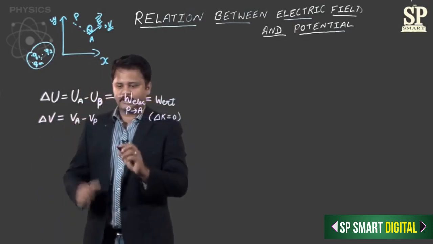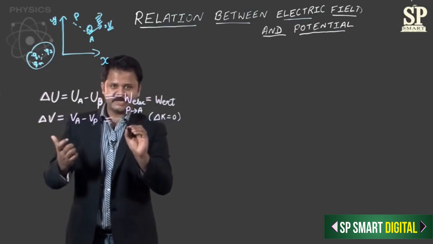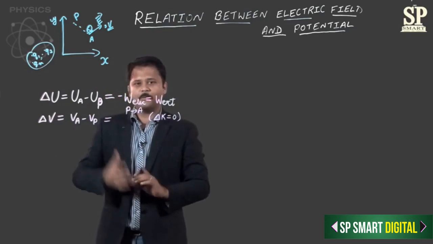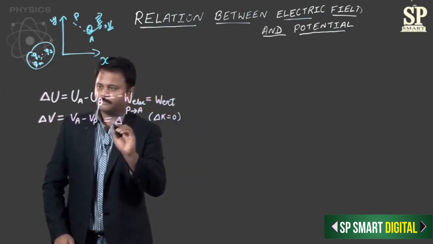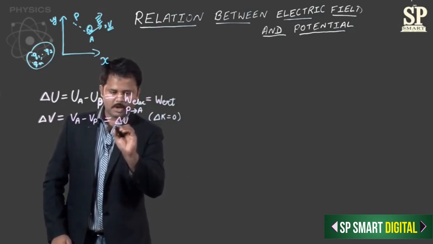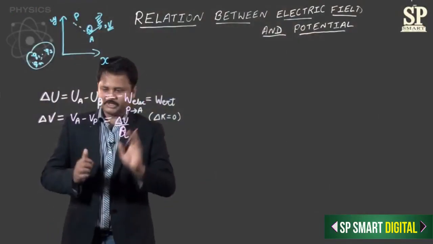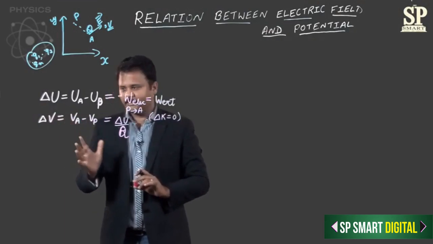We define this quantity by convention to be equal to the change in potential energy that has taken place per unit charge. So the formula for V becomes delta U upon Q. This is the expression for change in potential. I'll repeat this.